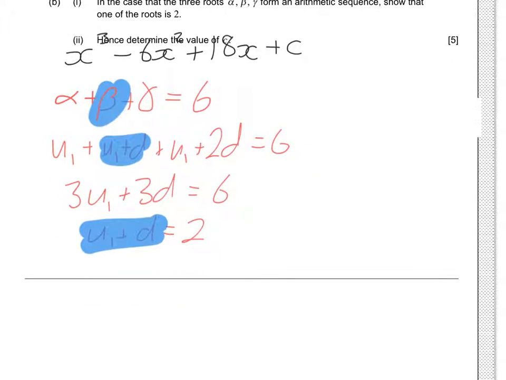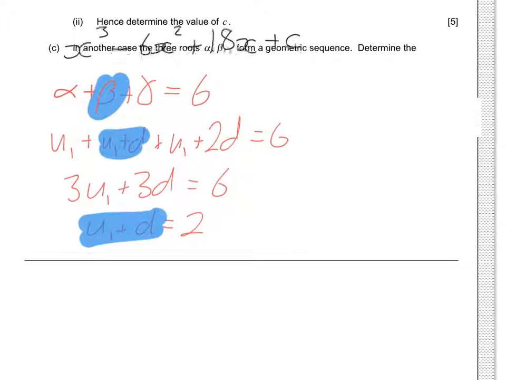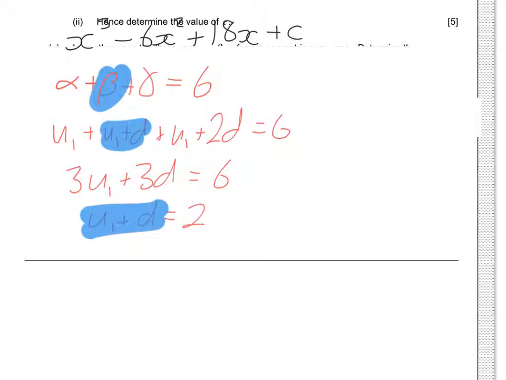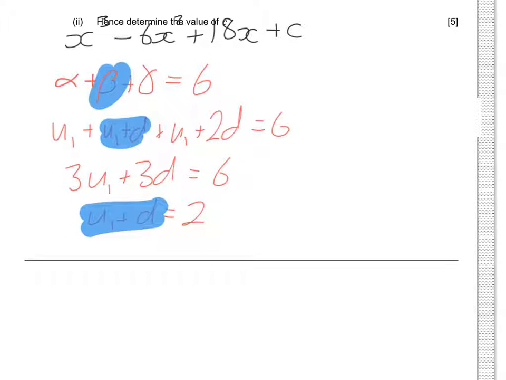So part 2, hence determine the value of c, and we still have this 18 to use. We've still got the fact that if you add the products up pairwise, alpha beta plus beta gamma plus alpha gamma, then you get 18.